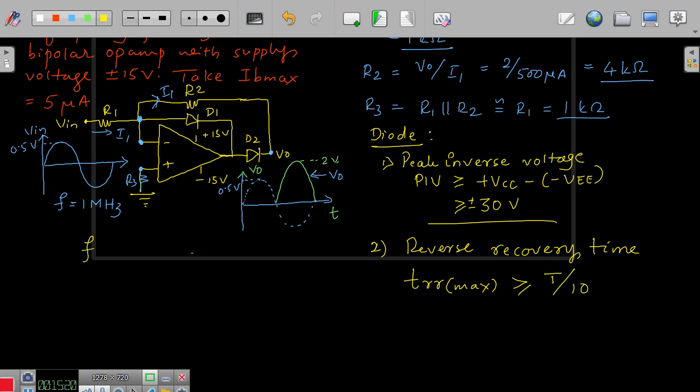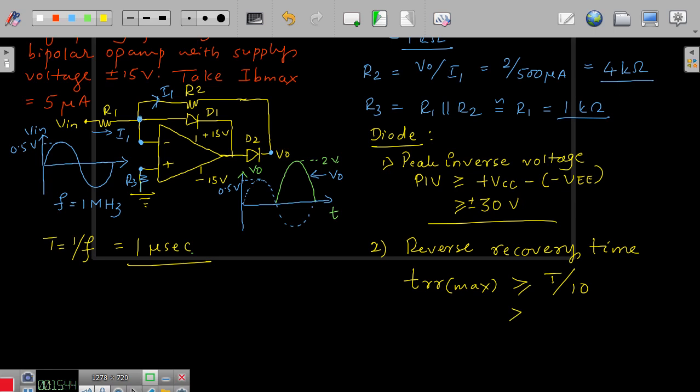So f is 1 megahertz, so T equal to 1 divided by f. So how much is the value of T? 1 microsecond. Please check, 1 divided by 1 megahertz.